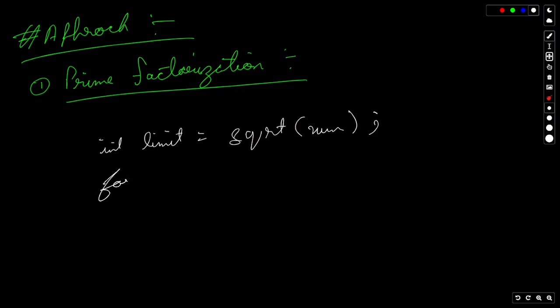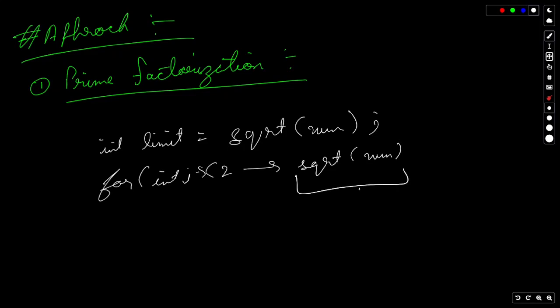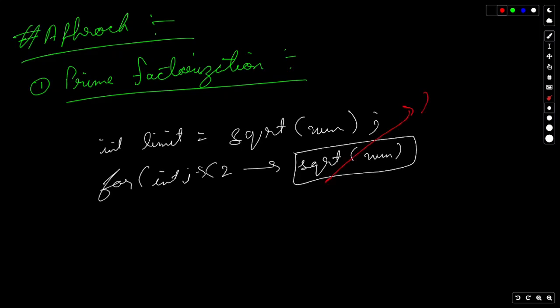We can have a for loop over here, and i, which starts from 2, and it will go till sqrt of num, or in this case we have taken this particular number as limit, right?